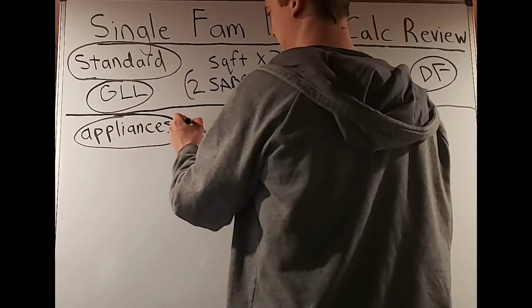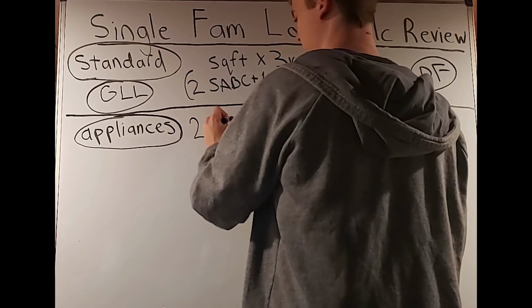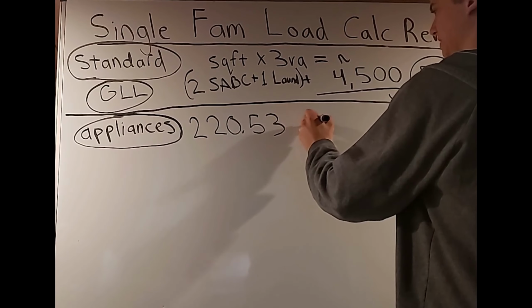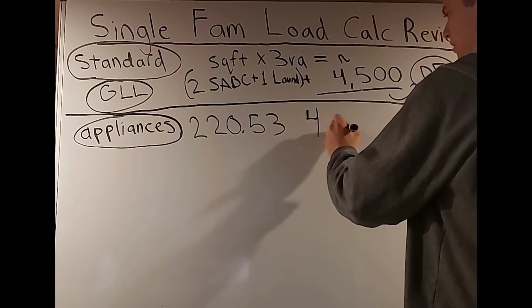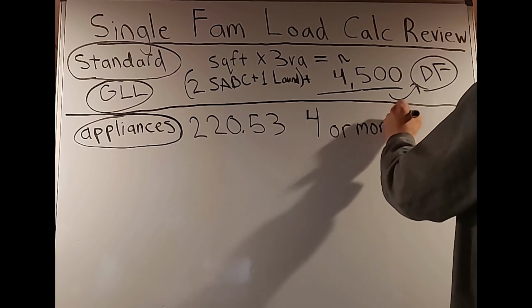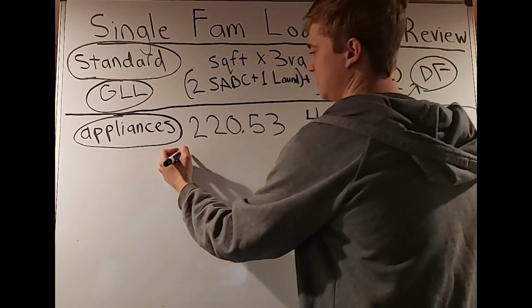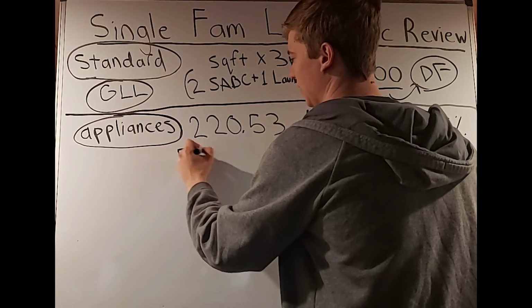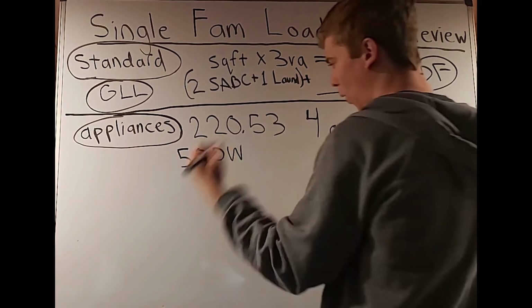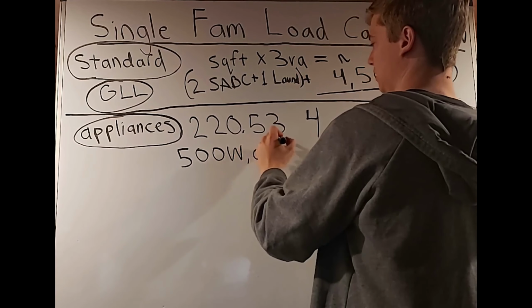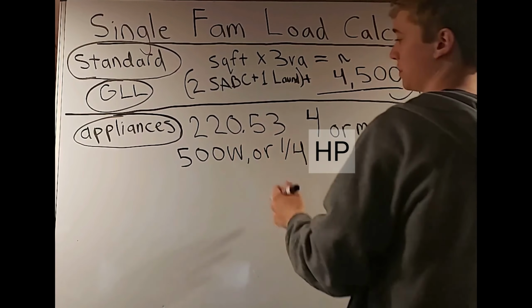Okay, we're going to look at Article 220.53, and we'll see that when we have 4 or more appliances, they're going to be calculated at 75%. This is if these appliances are at 500 watts nameplate or a quarter horsepower or greater.